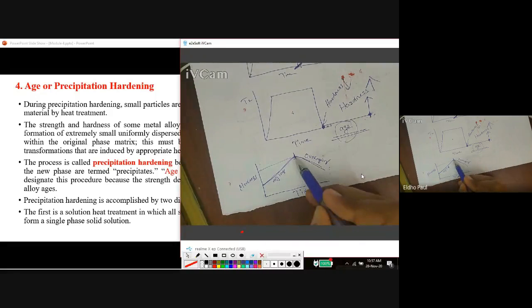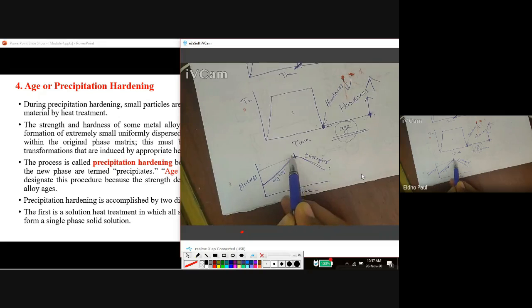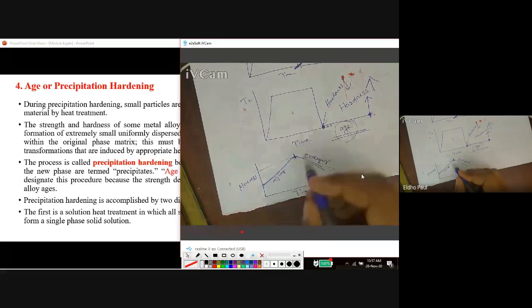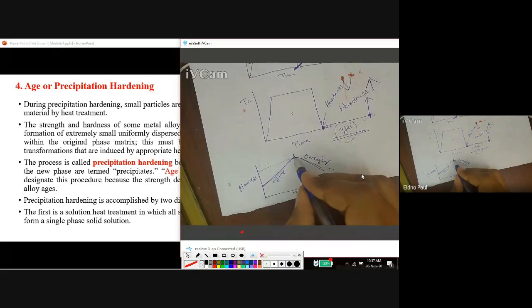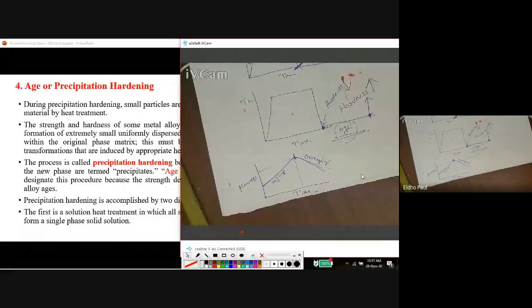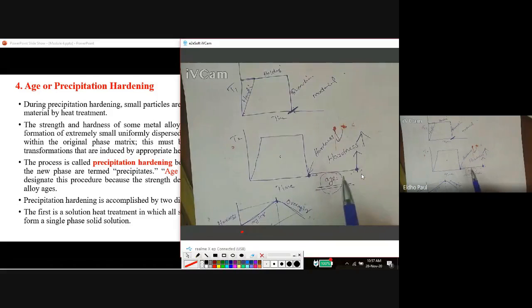For a particular amount of time the hardness increases, but after the peak point, the hardness decreases with time. So when the time crosses the peak hardness point, hardness decreases. This is the experimental investigation of Alfred Wilm, and this is called age hardening or precipitation hardening.